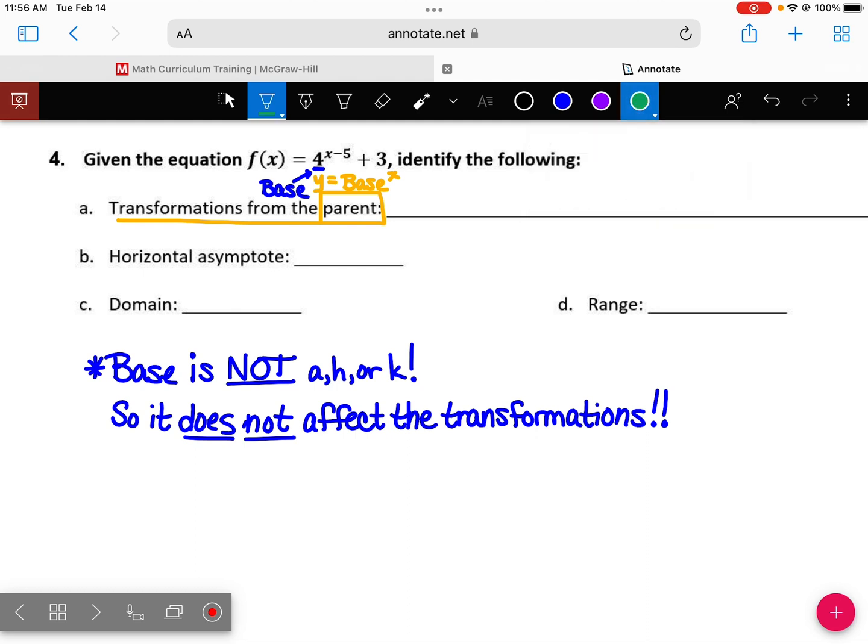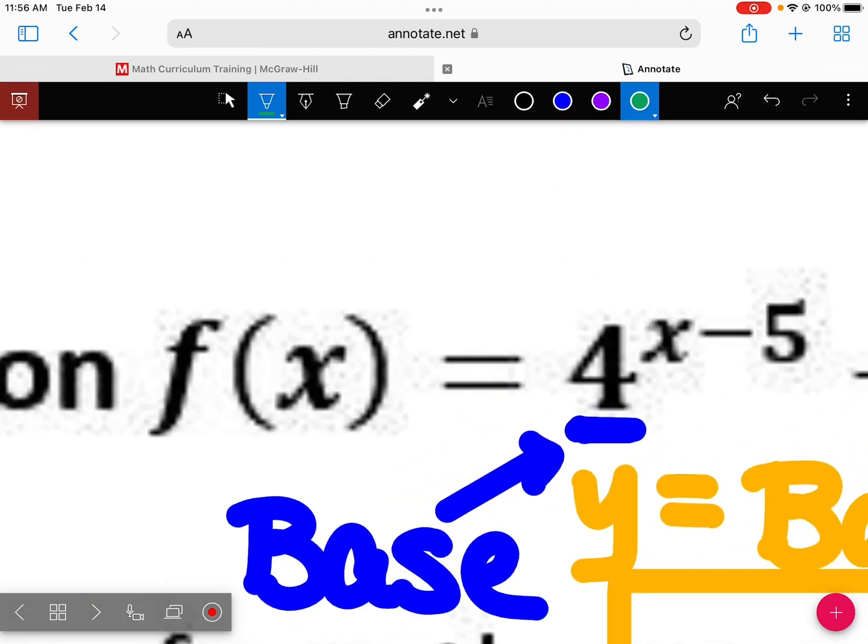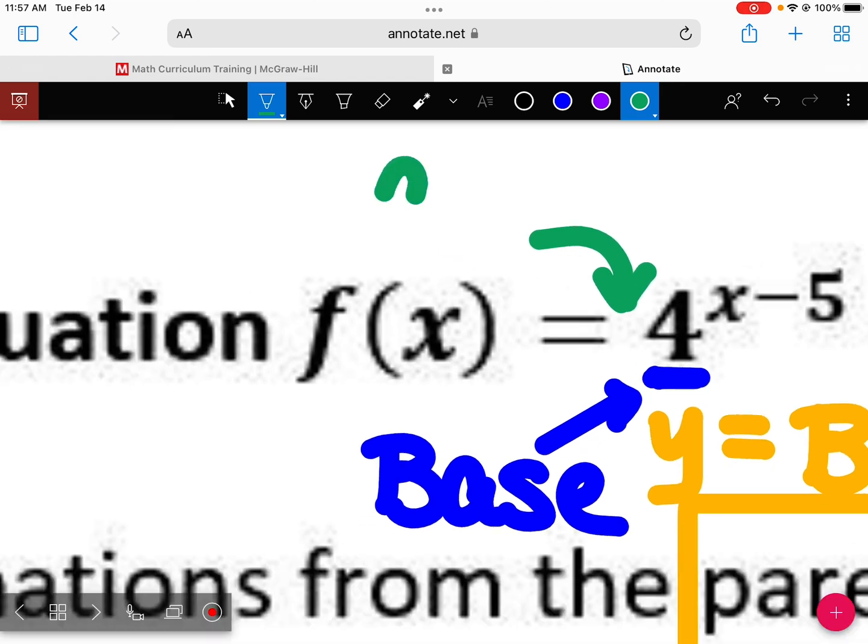If 4 is the base, then what's my a value? It's 1. The a value is always found in front of the base, right here.